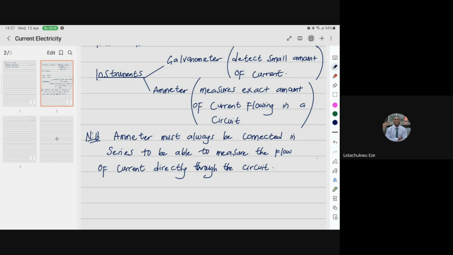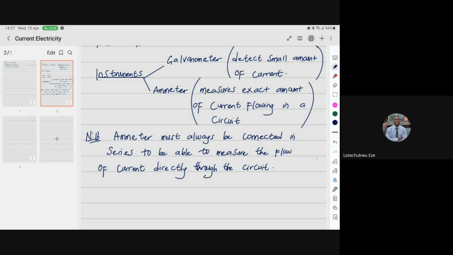That's why it's always recommended that we connect the ammeters in series, to be able to measure the flow of current directly through the circuit.